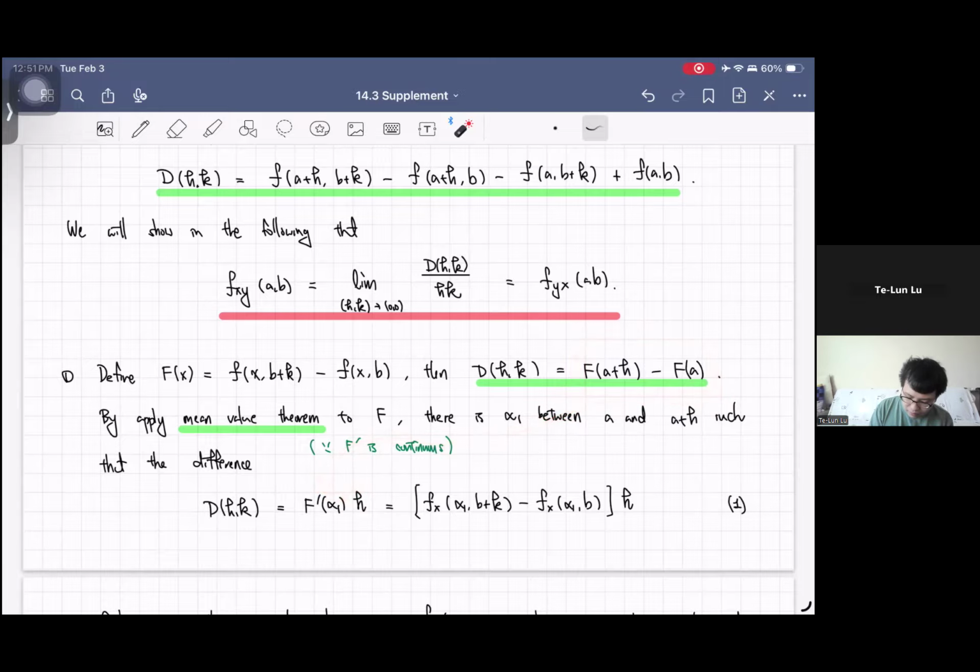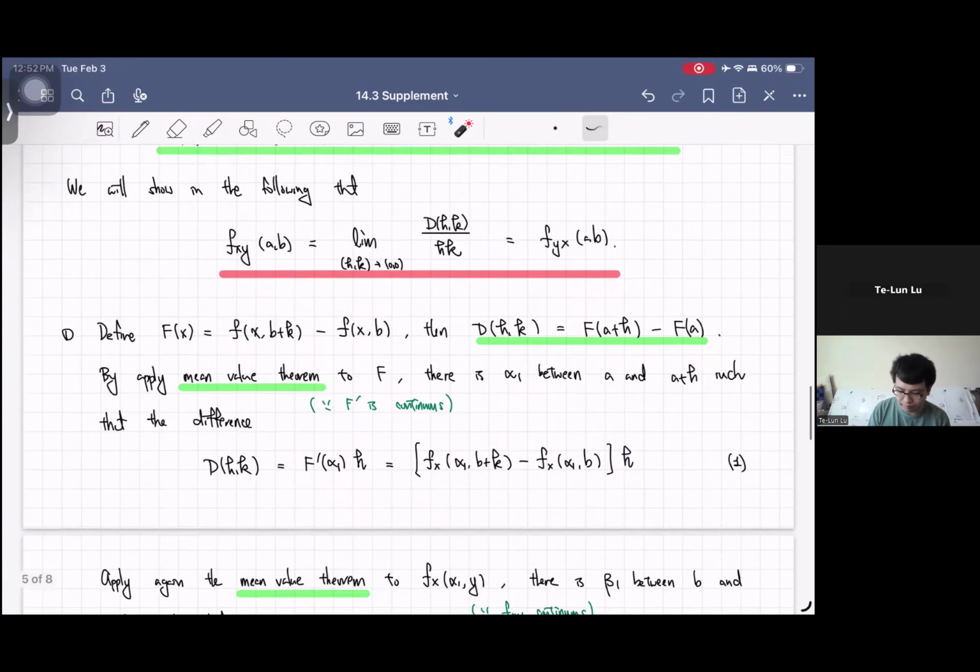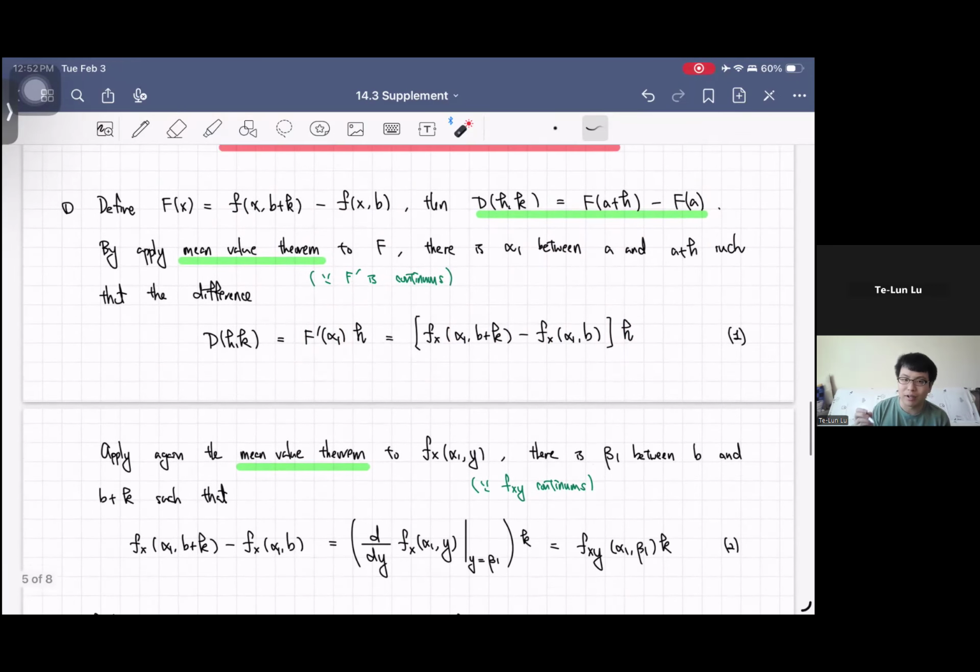Now, by evaluating this, it is simply f_x of alpha 1, b plus k, minus f_x of alpha 1, b, together with a distance h. Now we apply the mean value theorem again, but now with this function, f_x of alpha 1, y. So alpha 1 is fixed. This is a single-variable function of y. Now, why is this applicable?